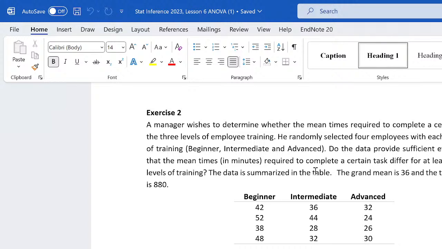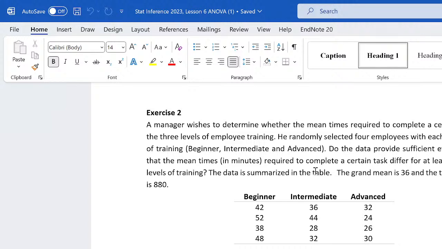I'm going to go back over here, and let's get the group means. Group means are 45, 35, and 28. 45, 35, and 28.